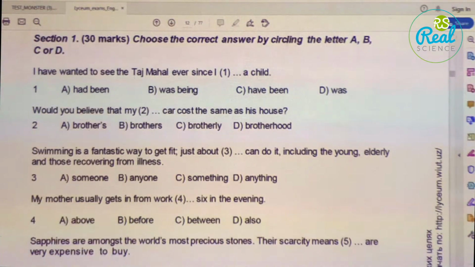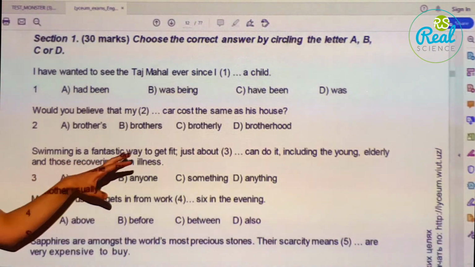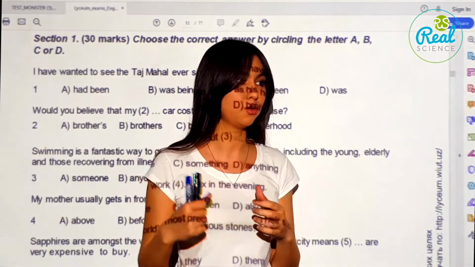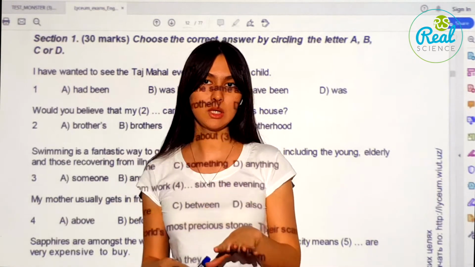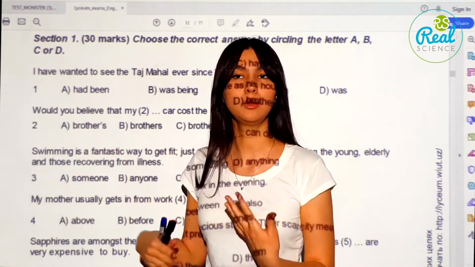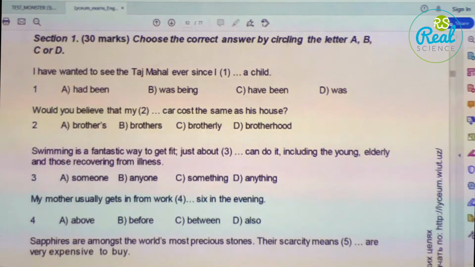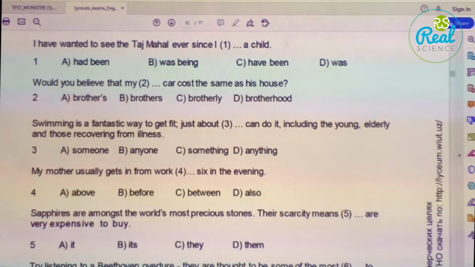Yes. Okay, now we are going to work on this grammar part. Guys, these are the real Lyceum tests, so we'll work on this together, okay? First of all, I will give you some time to work on it, then we'll check together. So you have a minute to prepare from question 1 till the 5th one, okay? So start, then we'll check.